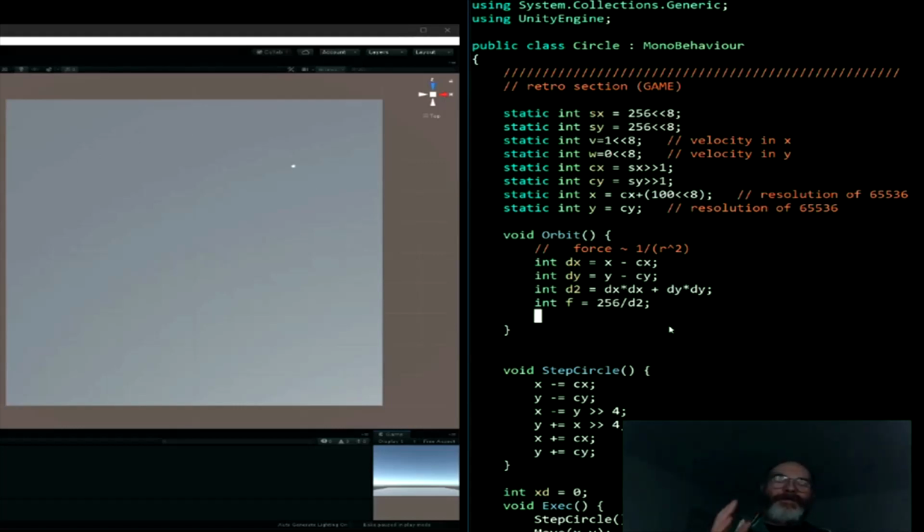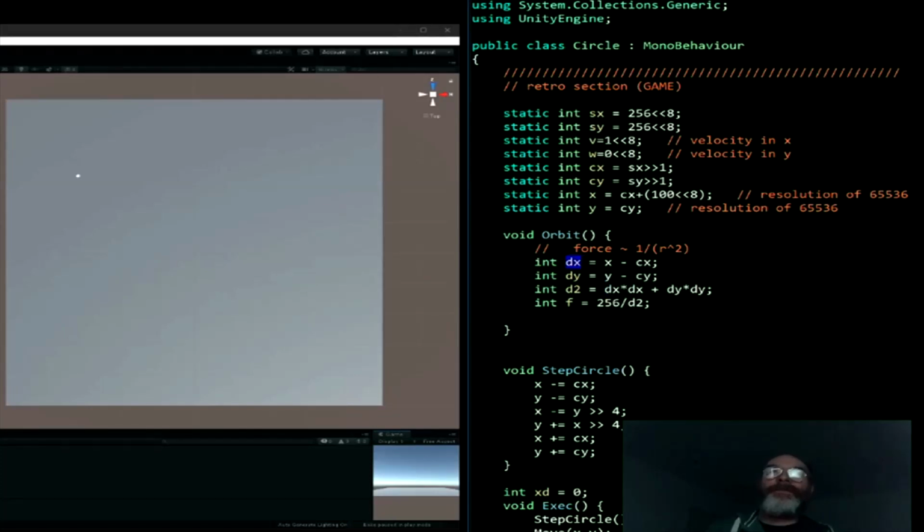Okay. So then, having calculated the force, I now need to know the component of the force in the two axes, in the x and the y. And to work out the component of the force lying along those axes, it's like you know how long the hypotenuse is, and you want to work out what the other sides are.